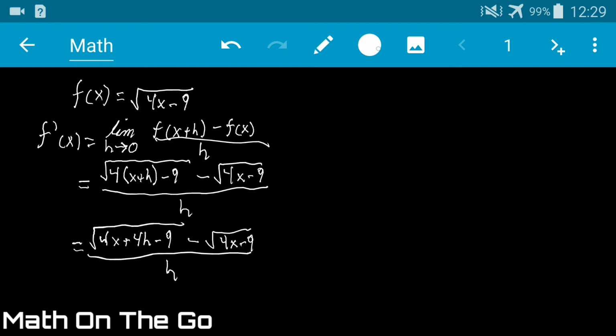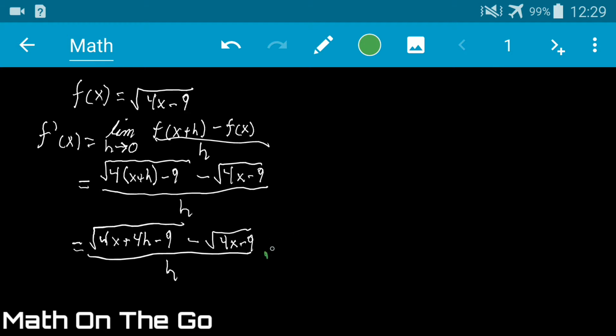So I hope you remember from previous math classes that when you rationalize the numerator, you multiply both the numerator and the denominator by the numerator. But what we do is we change the sign. So we have this negative sign, that's going to become a positive sign. So this is what we'll have.